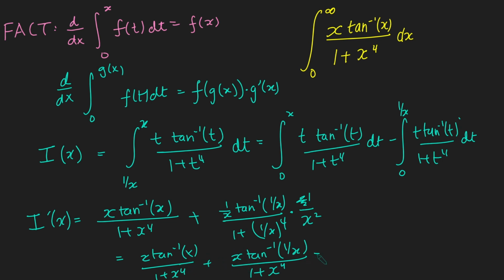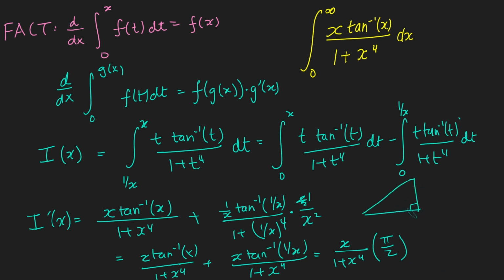In fact, this is just x divided by 1 plus x to the 4, and then I've got tan inverse x plus tan inverse 1 over x. But tan inverse x plus tan inverse 1 over x, in fact, is always going to be just pi over 2. And you can think about this by just drawing a right-angled triangle.